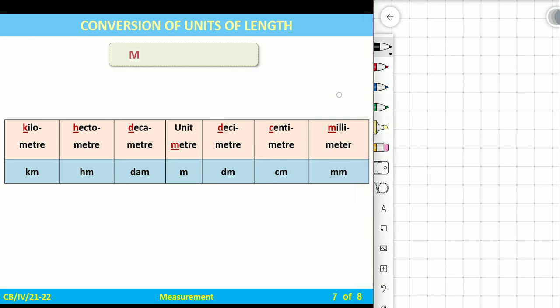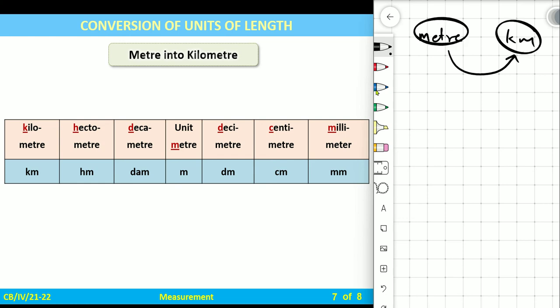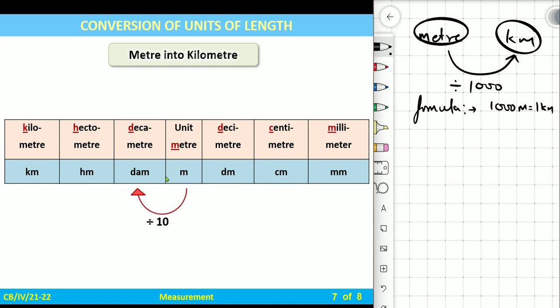Meter to kilometer. Converting meter to kilometer. Again, meter is a smaller unit and kilometer is a bigger unit, so we must divide. The formula says 1000 meter is equal to 1 kilometer. There are 3 steps going from meter to kilometer, so we must divide by 1000.